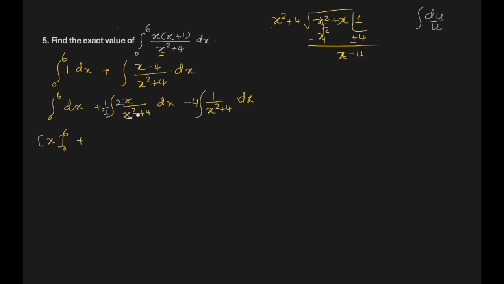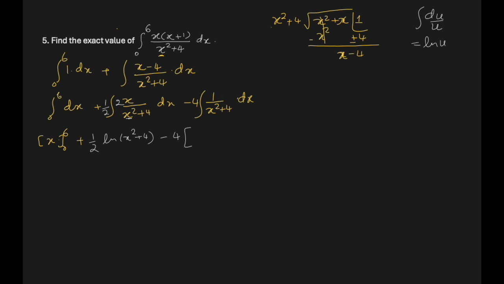The differentiation of the denominator is the numerator, and in that case ln u becomes the integration. So in this case it will be half and natural log of x square plus 4. This one is done. Minus 4, and we have to integrate this.